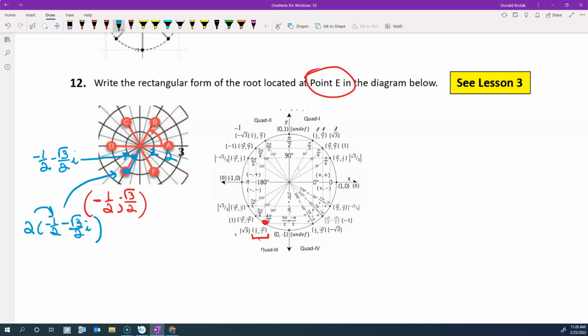So I just distribute that. And I get negative 1 minus root 3i.